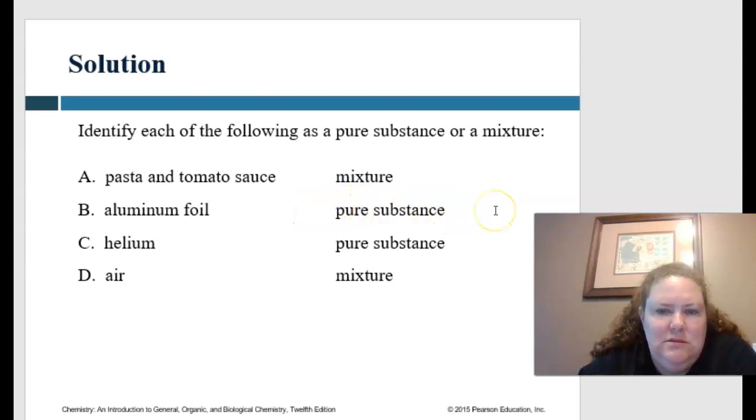We can't separate it out. Helium is a pure substance. Air, you would think, oh, it's pure, but remember, we have different components in air: oxygen, carbon dioxide, and other different parts of the air that we breathe. So good job.